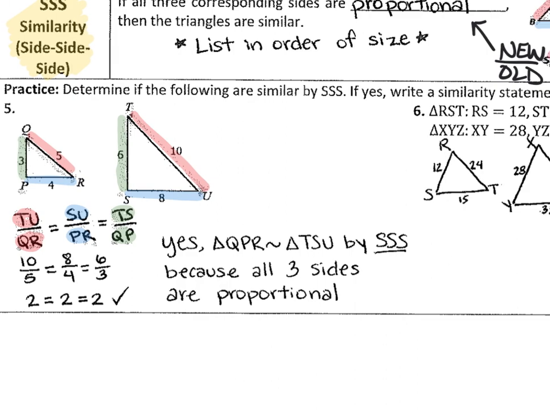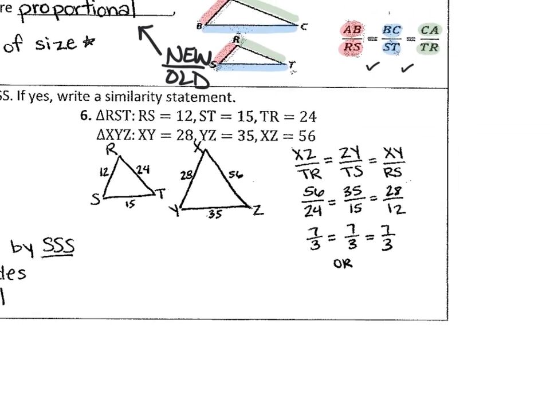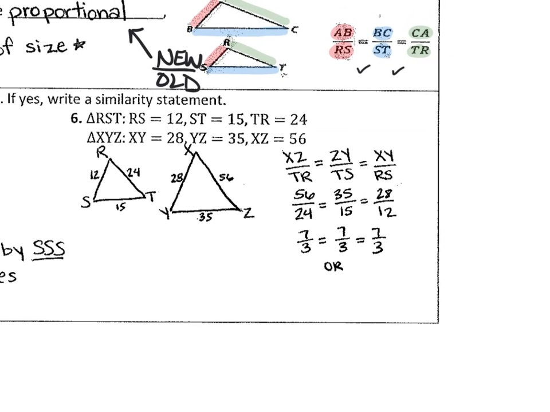Okay. Now the only way this can get more difficult is if I don't give you images at first, I give you side lengths. But we are really good at drawing triangles and labeling them correctly, and that's the only thing that's different from problem 5 to problem 6. In problem 6, instead of giving you the image, I gave you a list of the values. So what Ms. Caldera did is she took all of these numbers, RS being equal to 12, and she just popped them on the sides.